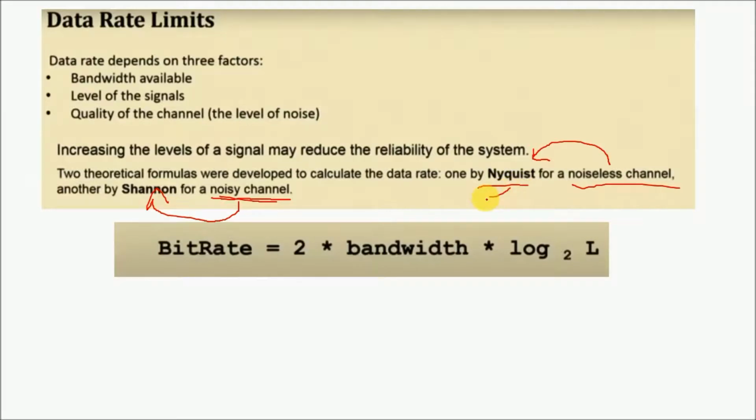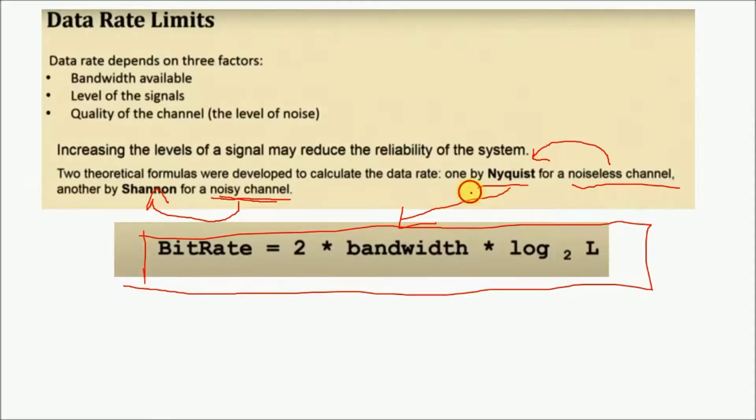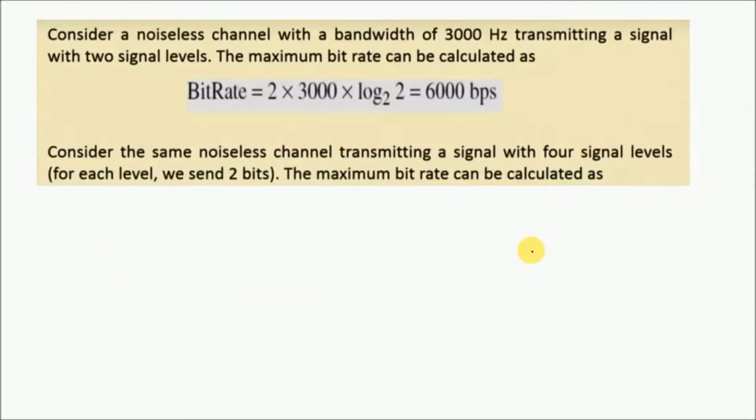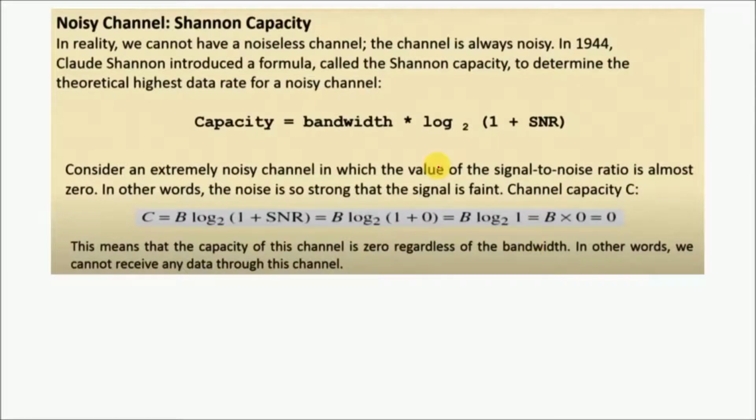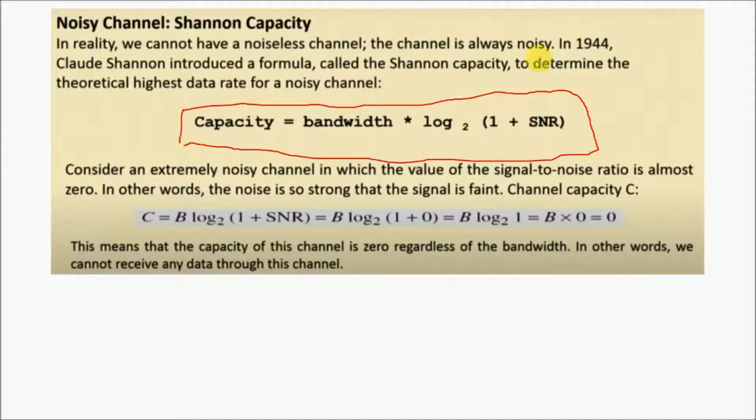If your channel is noiseless, you can use the Nyquist formula. Otherwise, if your channel is a noisy channel, then you use the Shannon capacity formula. This is the formula for a noisy channel.